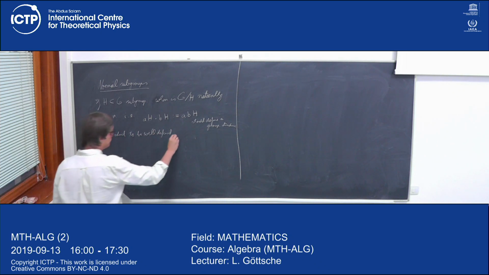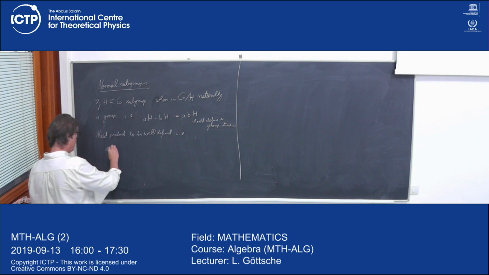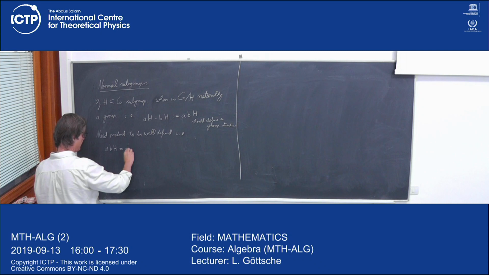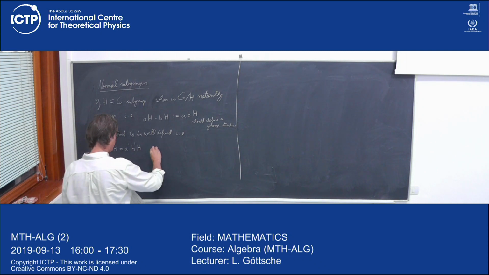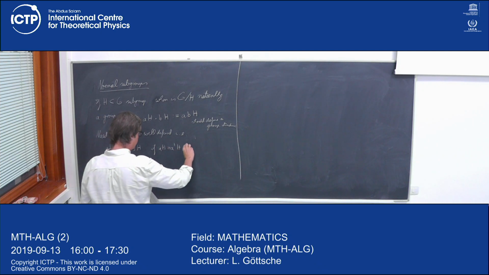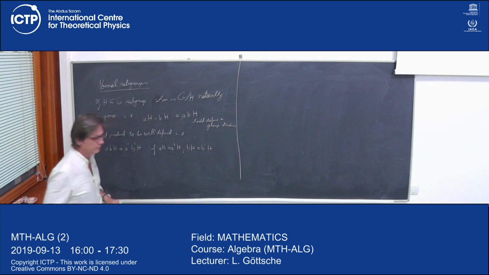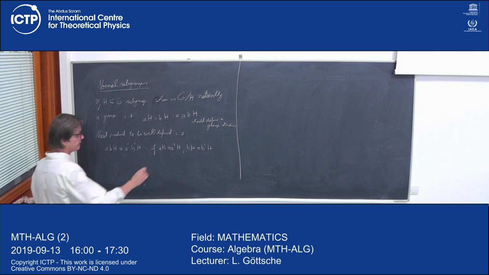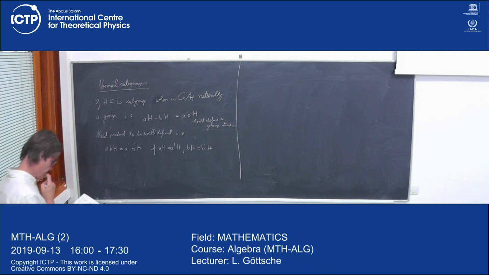That means we should have that abH should be equal to a'b'H if aH is equal to a'H and bH is equal to b'H. Here we are just talking about the fact that it even makes sense to do this regardless of the group structure.